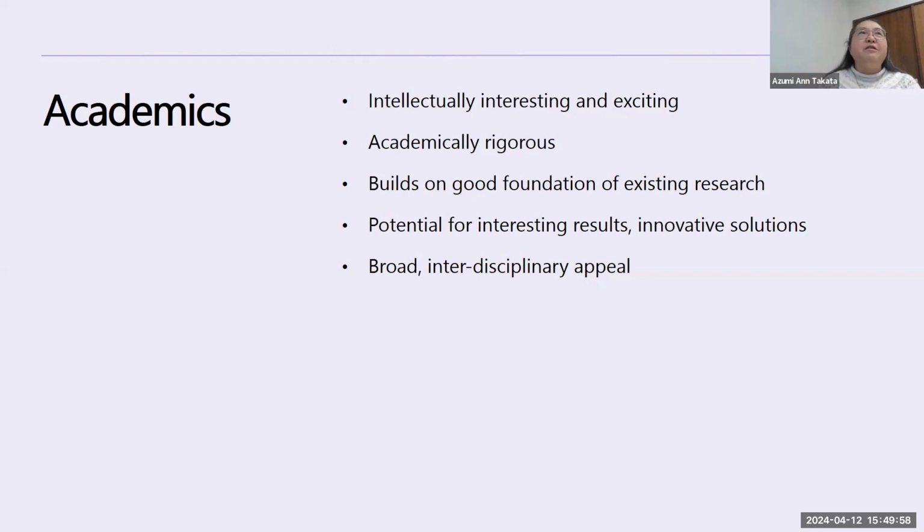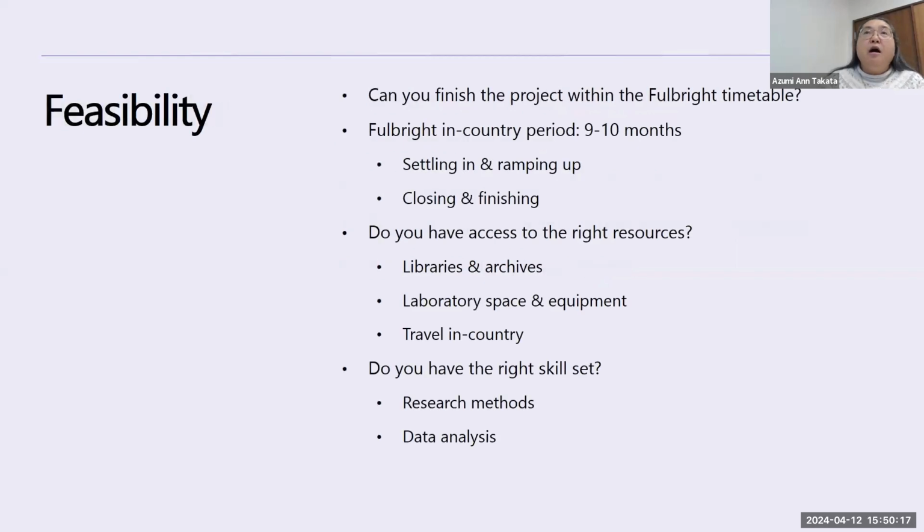It might be academically exciting and really great from a particular discipline's perspective, but if it's only interesting to that narrow discipline, Fulbright may not be as interested in that kind of project. So that's academics.